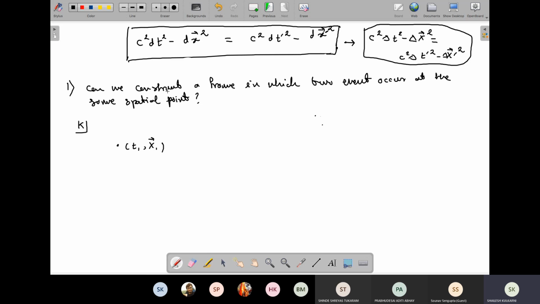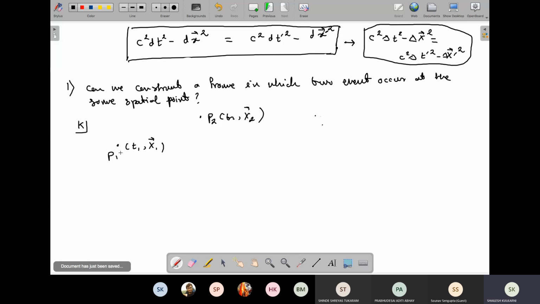Now let us ask the following question: can we construct a frame in which two events can occur at the same spatial point? It means that we have two events, say P1 and P2. In this frame, these two events occur at two different spatial points. Agree? If they occur at the same spatial point, then this question ceases to exist.